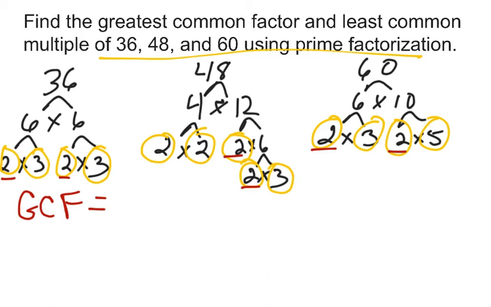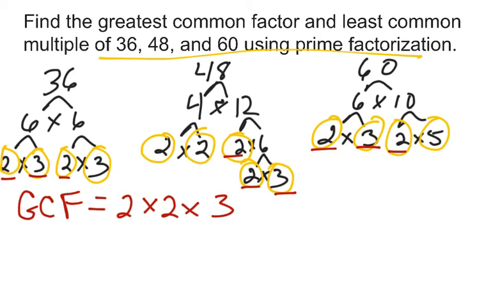Then I can look at my 3's. I have a 3, a 3, and a 3. And as I look, that's where it ends. So my greatest common factor is 2 squared, or 2 times 2 times 3.